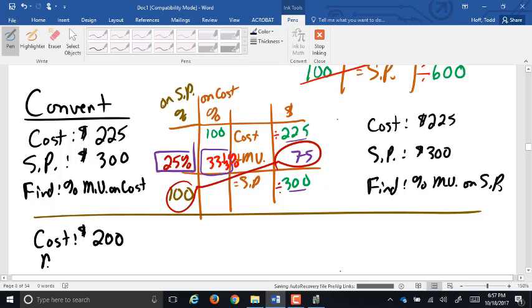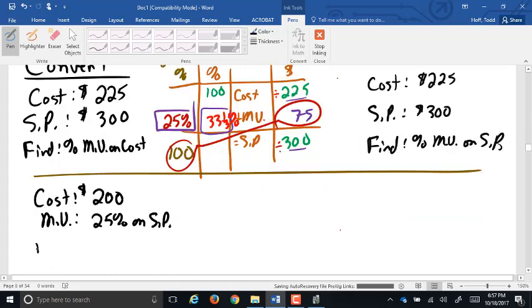So if our cost is $200, our markup is 25% on the selling price. Find the selling price.